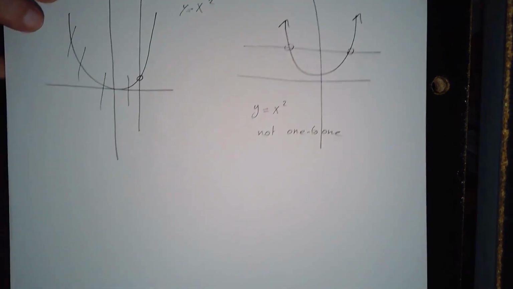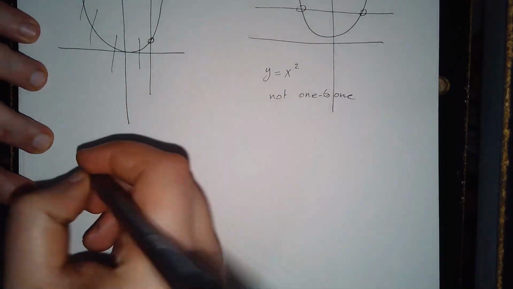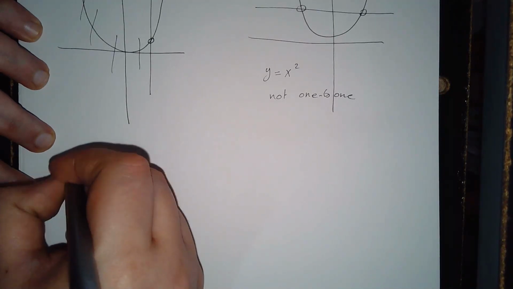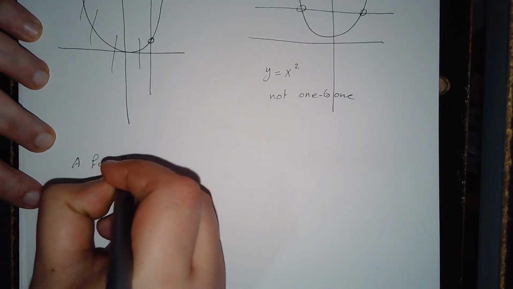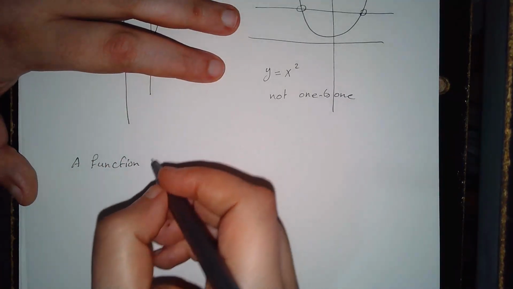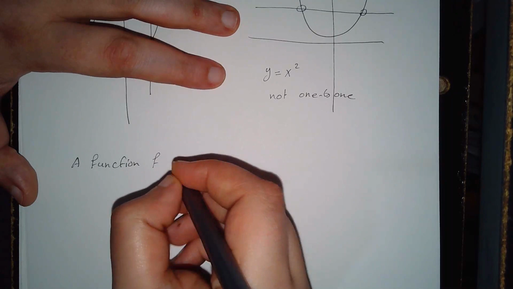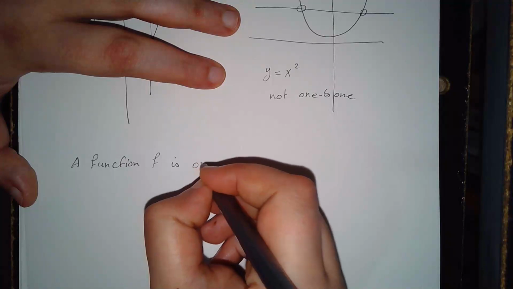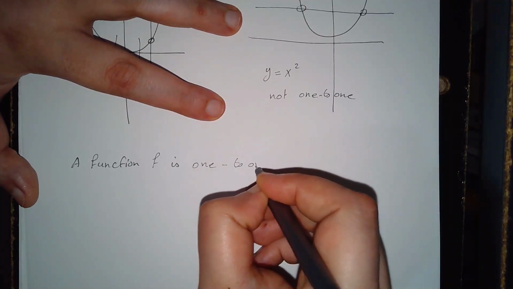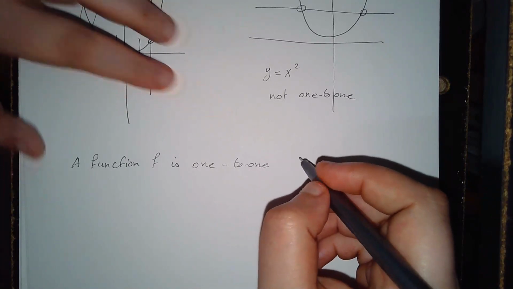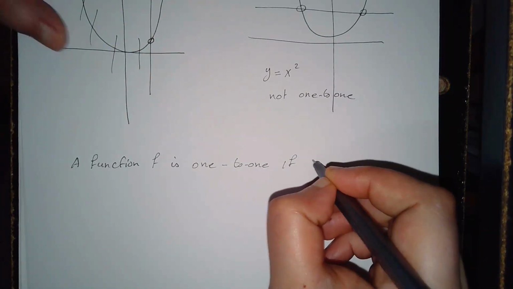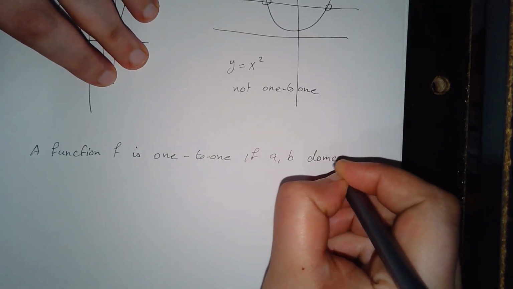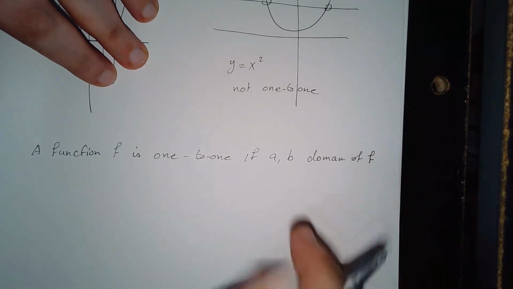Now, let me give you the definition of a one-to-one function. It is a function f that is considered to be one-to-one if you have a and b in the domain of f, right?